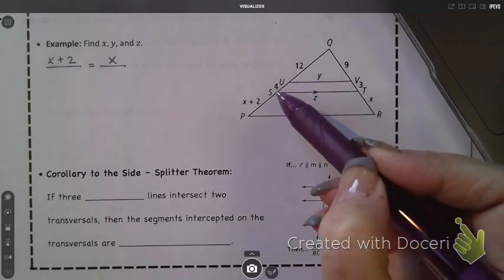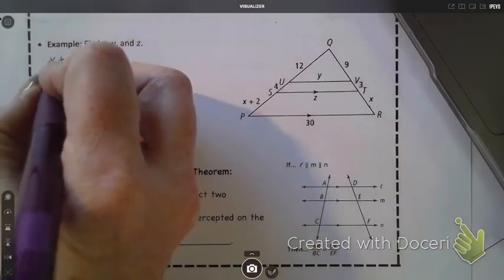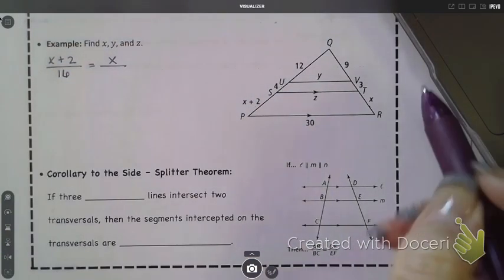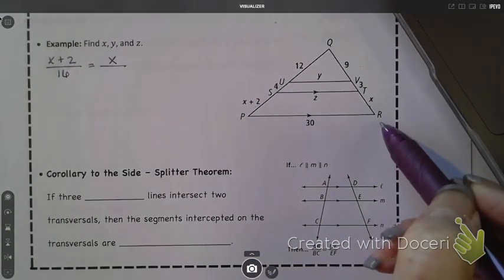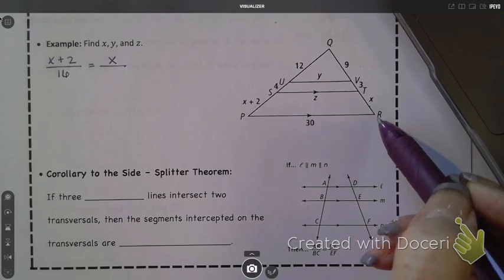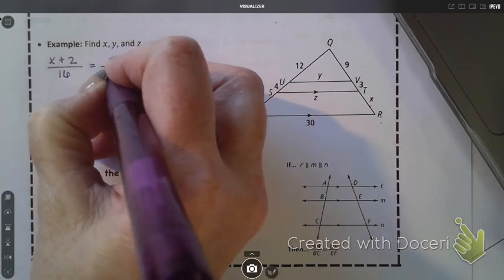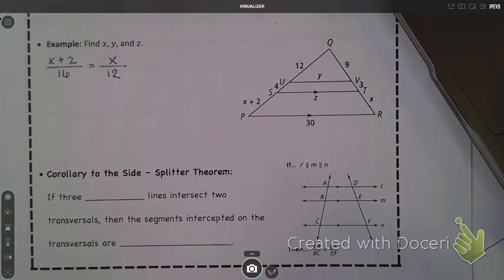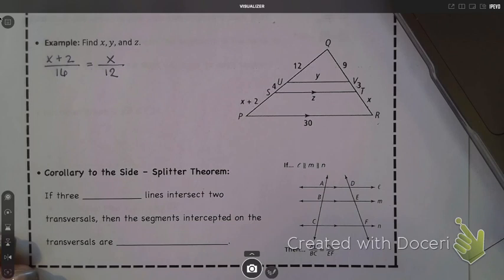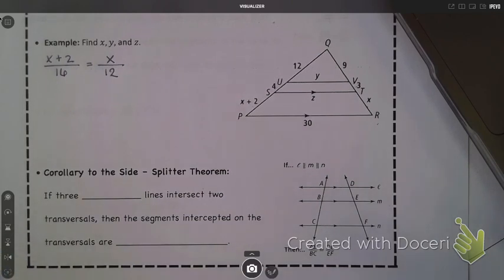So 12 plus 4 is 16. Okay, so now what do I have to do? What have I been doing the entire chapter? Cross multiply, right?